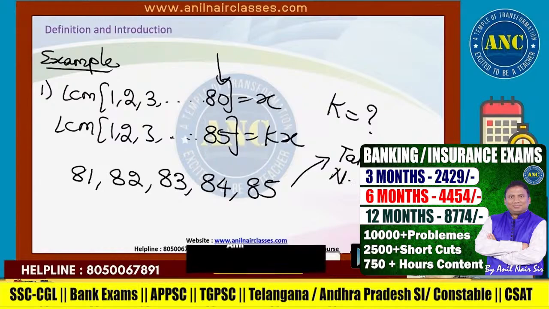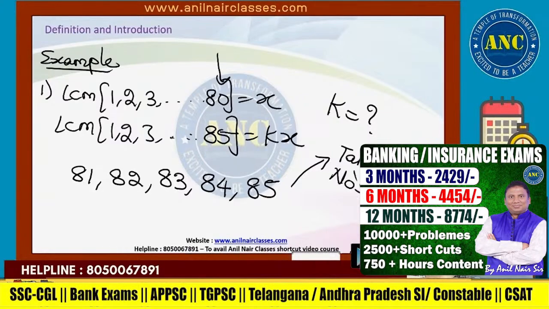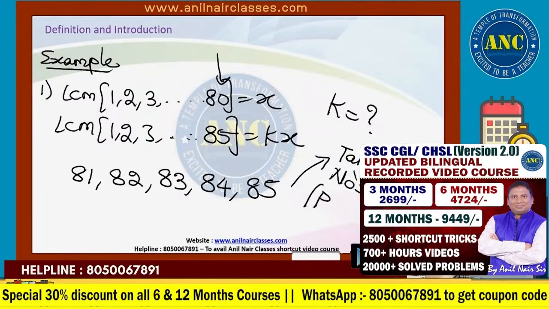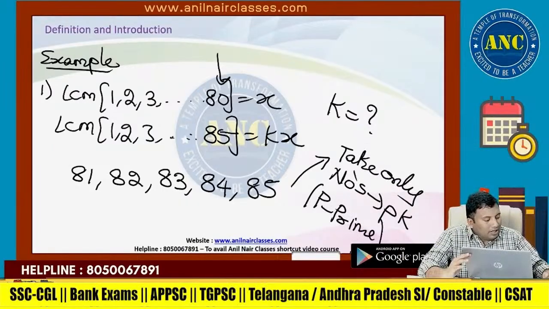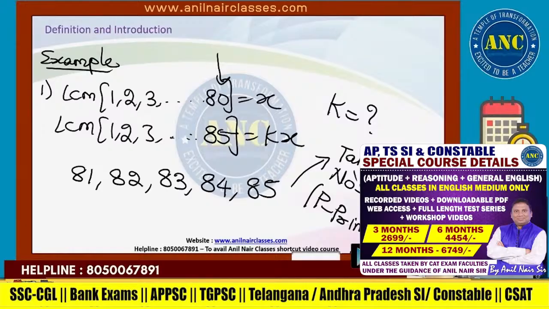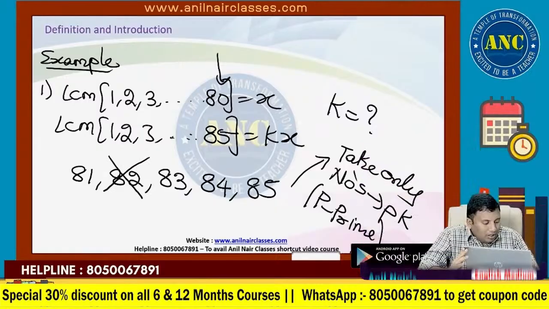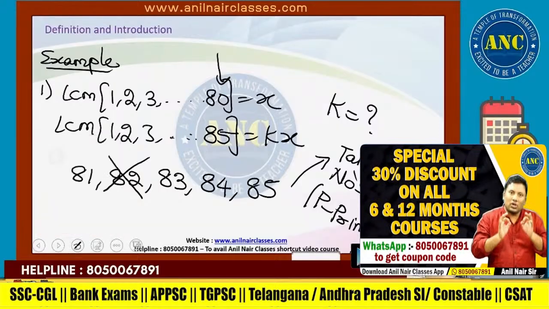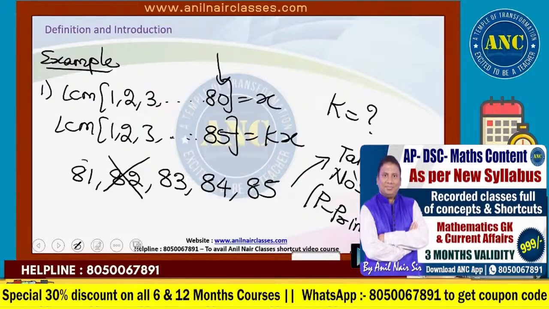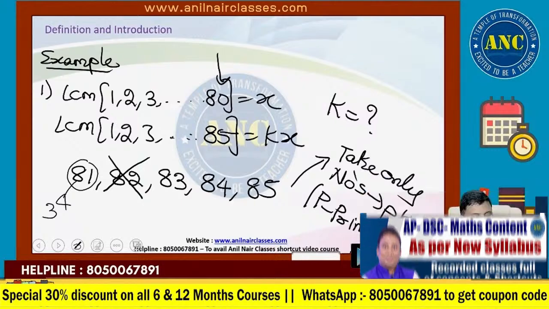Take only the numbers which are of the form p power k, where p is a prime number. 82 is 2 into 41. 81 is 3 power 4. 3 power 4 is 81.